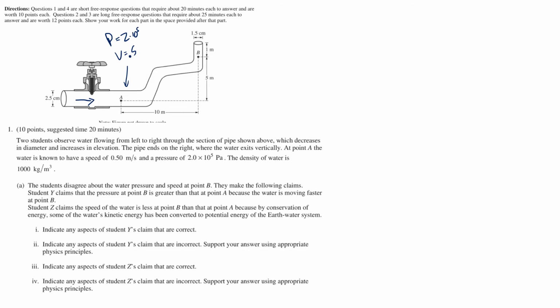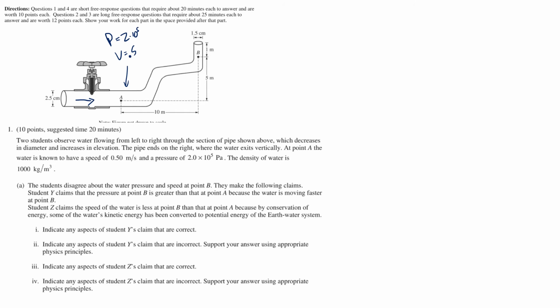Nice. Easy. The students disagree about the water pressure and speed at point B. They make the following claim. Student Y claims the pressure at point B is greater than point A because the water is moving faster.